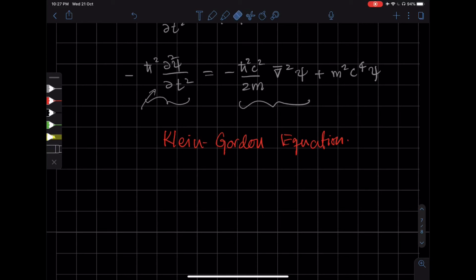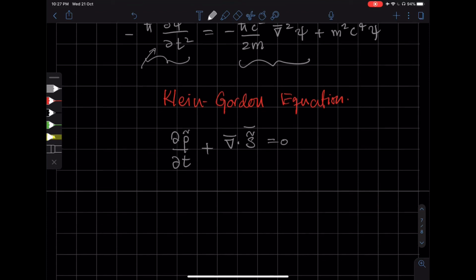and there will be some charge density. Suppose that the charge density is rho tilde, and then you will have a continuity equation where the time derivative of rho tilde plus the divergence of some current, say S tilde, is 0.